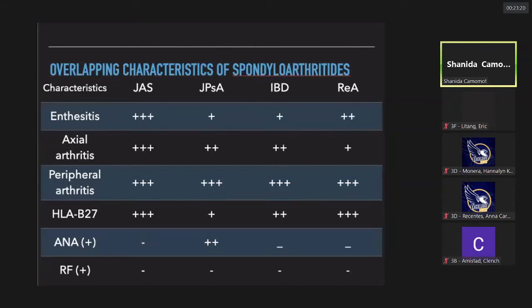All these four are HLA-B27 positive, but HLA-B27 positivity is more seen in juvenile ankylosing spondylitis and reactive arthritis. They will not be positive for ANA except for psoriatic arthritis, and all will have a negative rheumatoid factor.